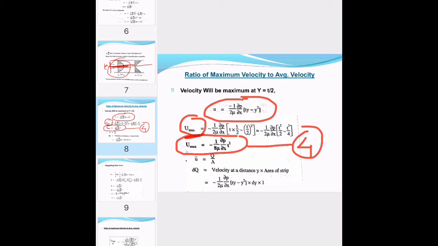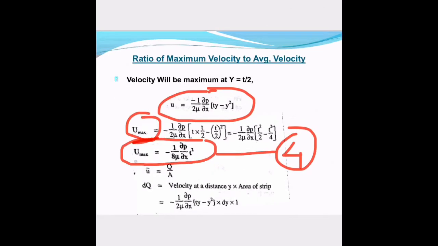The average velocity u bar is obtained by dividing the discharge q across the section by the area of the section, and the total discharge q is obtained by considering the rate of flow. Have you understood?